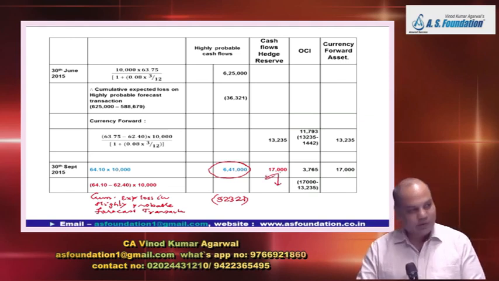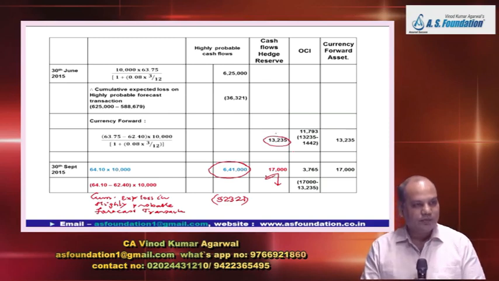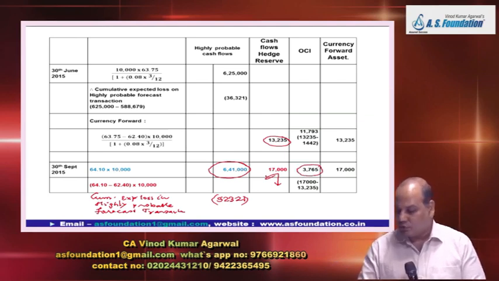So again I will take 17,000 only. I have already accounted the gain up to 13,235. So in the next round, I am only going to account for the additional gain, which is the difference between total gain 17,000 minus gain recognized up to 30th June, 3765.